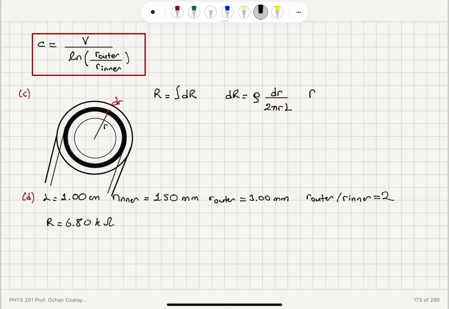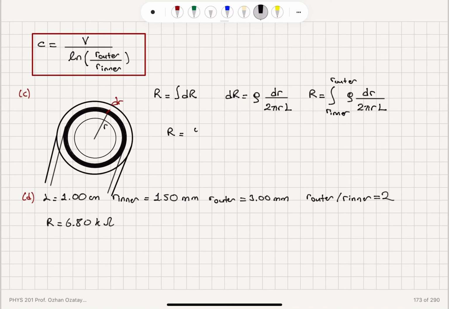So the total resistance will be the integral from R inner to R outer of rho dr divided by 2 pi r L. When I perform this integral, I consider all such cylindrical shells.